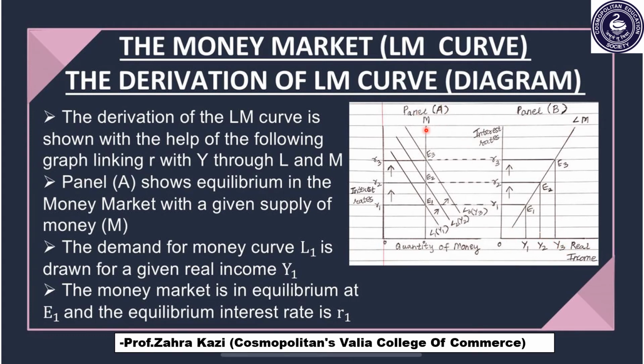Now as you can see in the diagram, there are two panels, panel A and panel B. Panel A shows the equilibrium in the money market with the supply of money, that is M. Apart from this, there are three downward sloping demand for money curves, that is L1, L2 and L3.